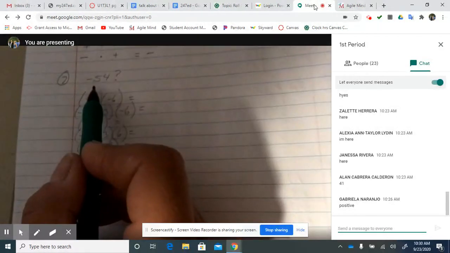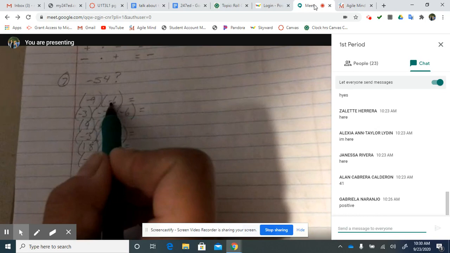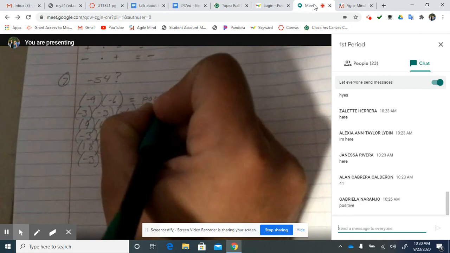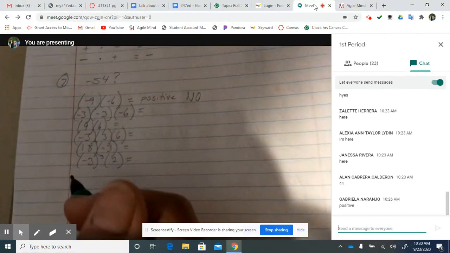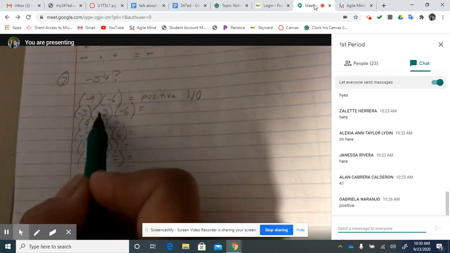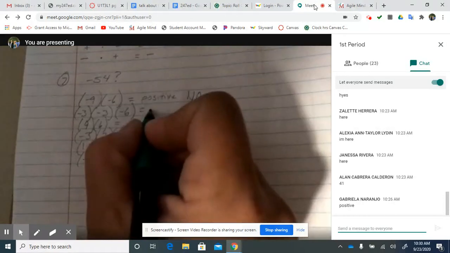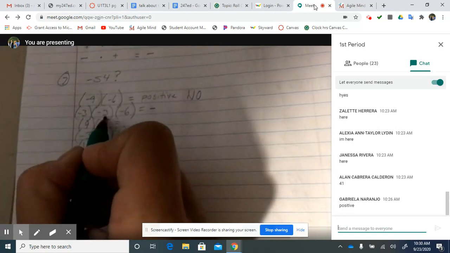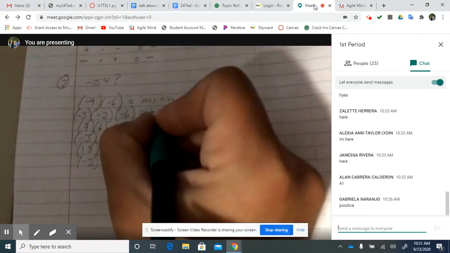Okay, so we're looking for answers that get us to negative 54. Negative times negative is going to be a positive. So this one's a big fat no, because we are looking for a negative 54. Negative times negative gives us a positive, and then positive times negative will give us a negative. 3 times 3 is 9, times 6 is 54.